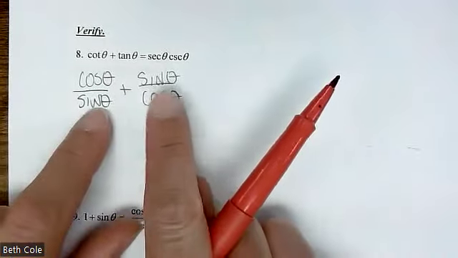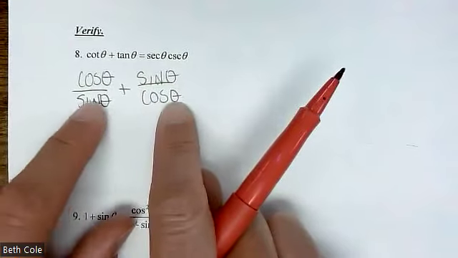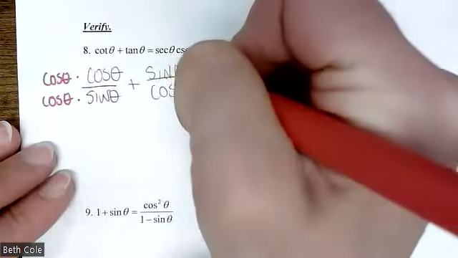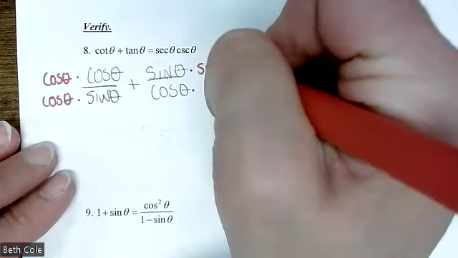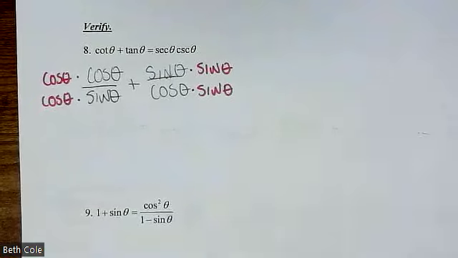So your common denominator is going to be sine times cosine, like you just need both of them. So you're basically giving them what they're missing. This one is missing a cosine, and this one is missing a sine. So you're multiplying them by each other. It's like this. What's the common denominator between 2 and 5? 10. Like you would just multiply them together. It's like that, but instead of numbers, you have all this.